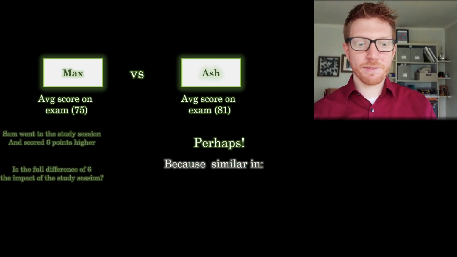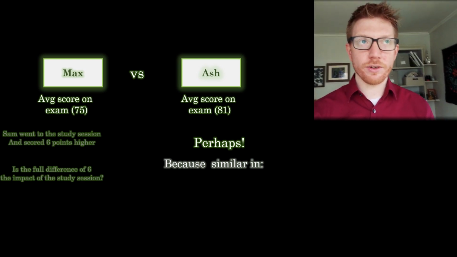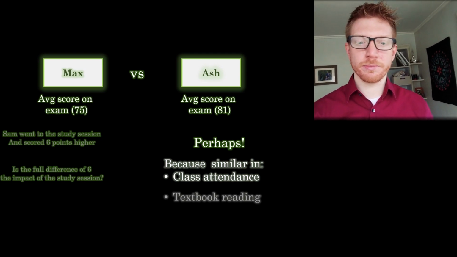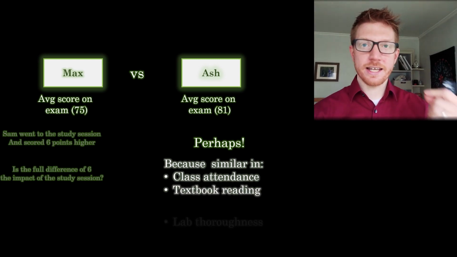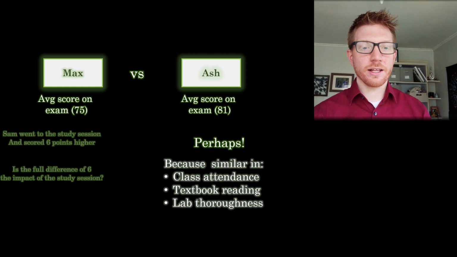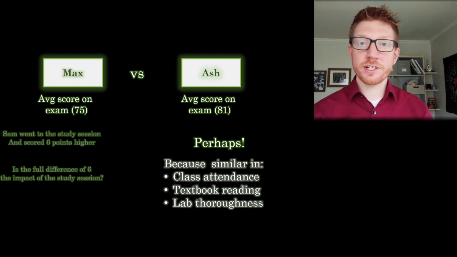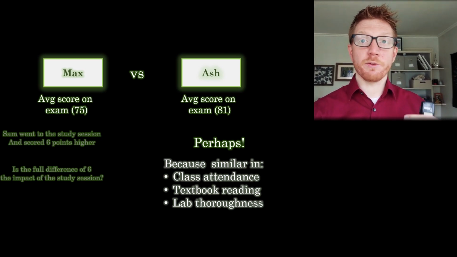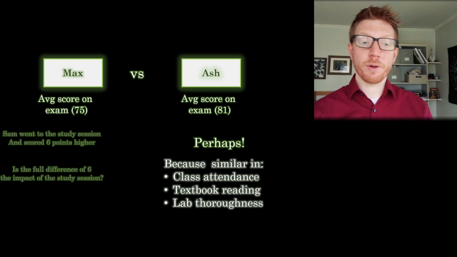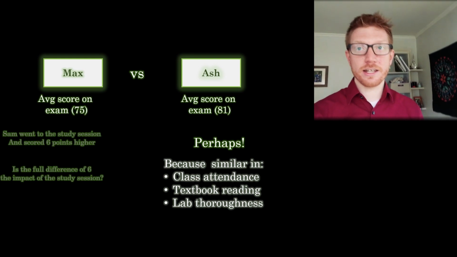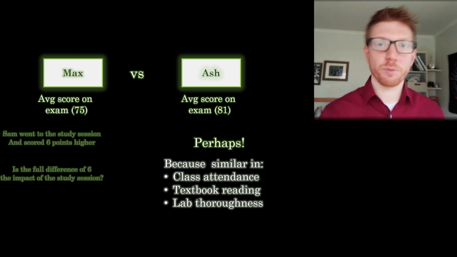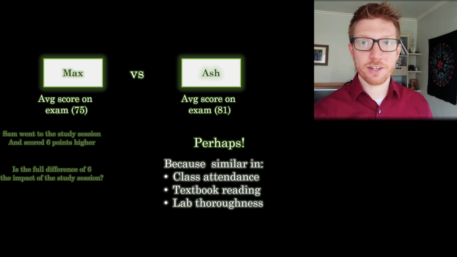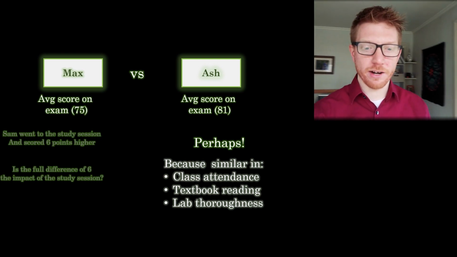Because across those other variables, that other stuff, the error term, class attendance, textbook reading, lab thoroughness, they are similar in these other components that impact grade. The reason they differed in their attendance at the study session wasn't because one was hardworking and one was lazy, it was because of the conflict. That's what we're trying to get at with an instrumental variable.